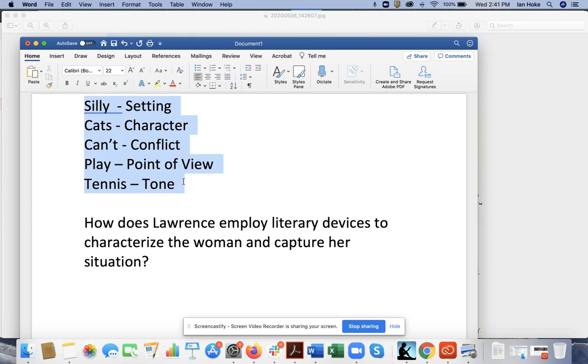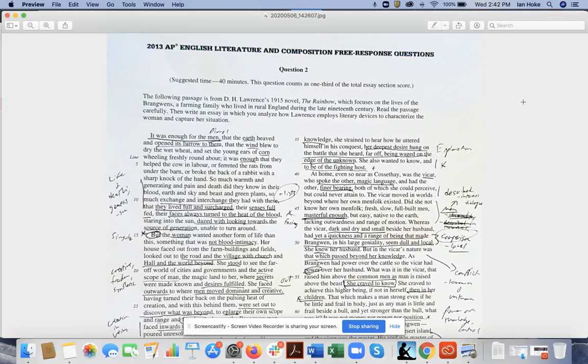Silly Cats Can't Play Tennis is a really awesome way to remember a series of core literary devices: setting, character, conflict, point of view, tone. If you're digging into this and you know some other basic devices, I think you're going to be able to do a good response to this. You don't need a bunch of terms in Greek to read and write about literature. Right? Literature is stories. We're born for stories. So let's get into this.